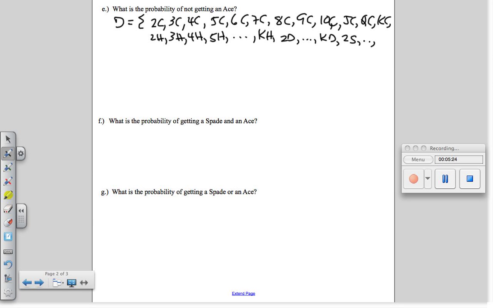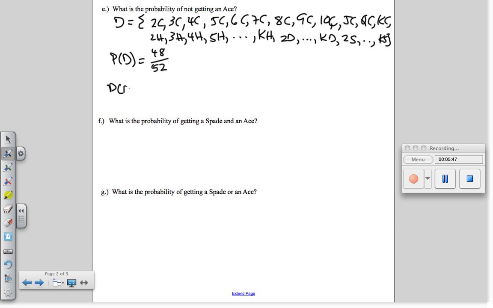And the 2 of spades, all the way up to the king of spades. That probability of D, therefore, there are actually 48 cards there, so it's 48 out of 52.